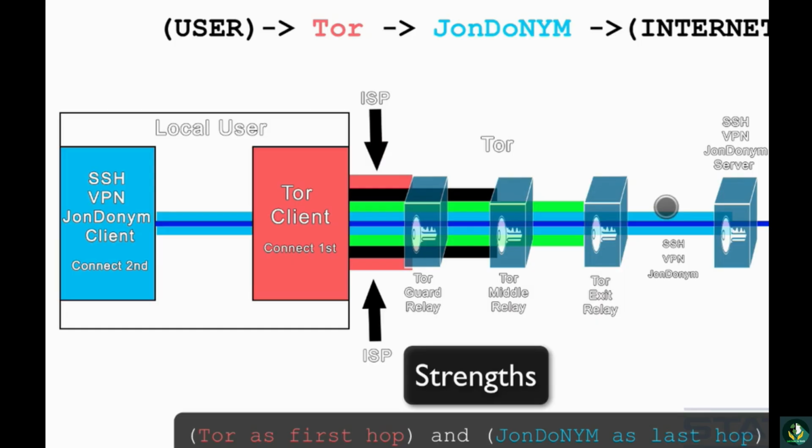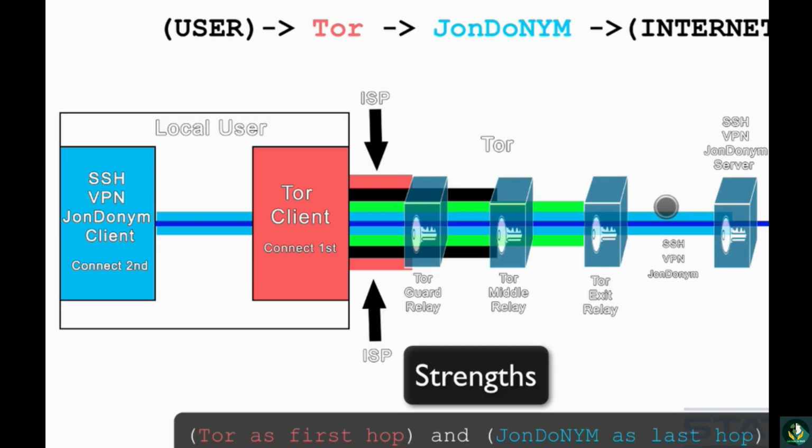After that, the user goes to SSH, VPN, then Tor and internet.onion, your desired target.